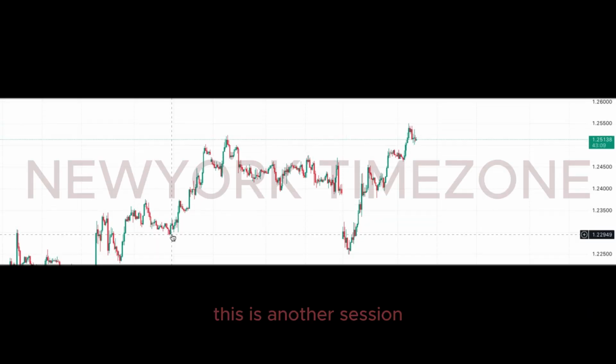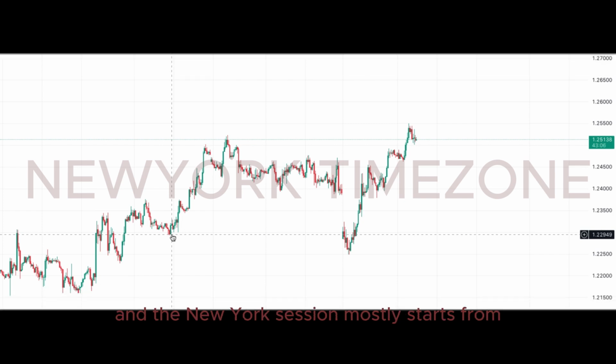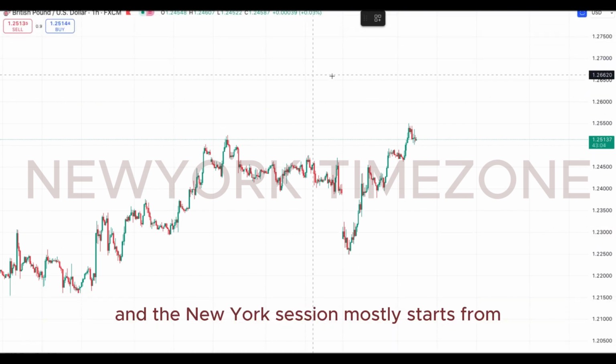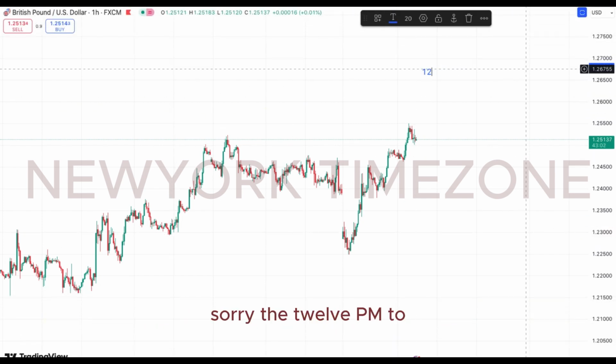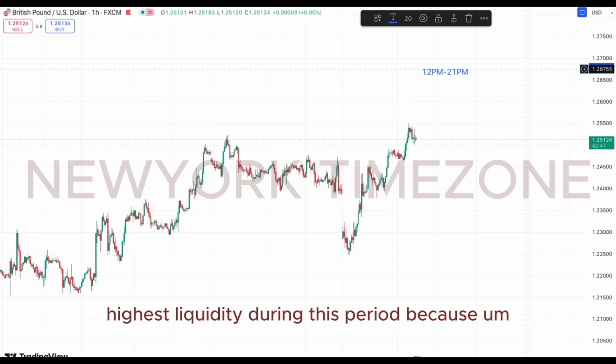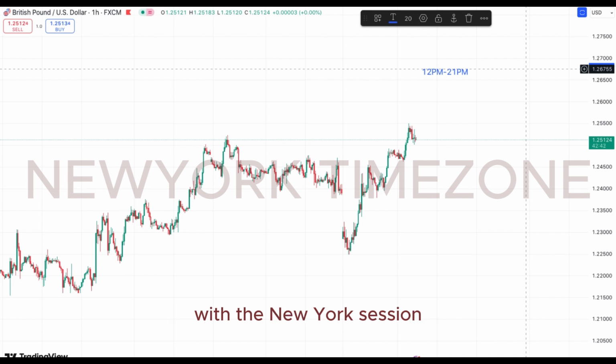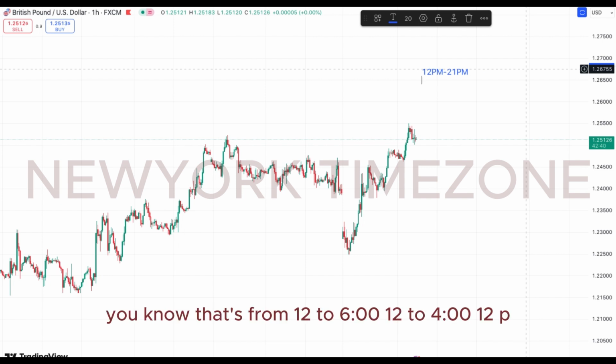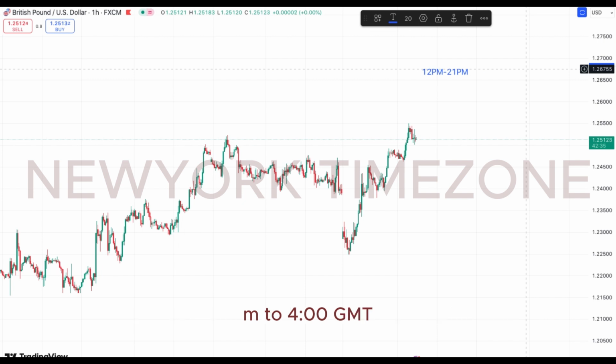This is another session, which is the New York session, right? And the New York session mostly starts from 12 p.m. to 9 p.m. All right, and the forex market experiences the highest liquidity during this period, because the London session overlaps with the New York session, from 12 p.m. to 4 p.m. GMT.